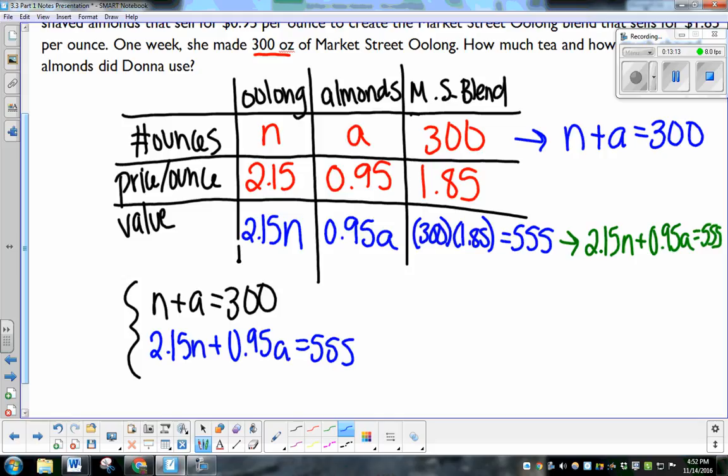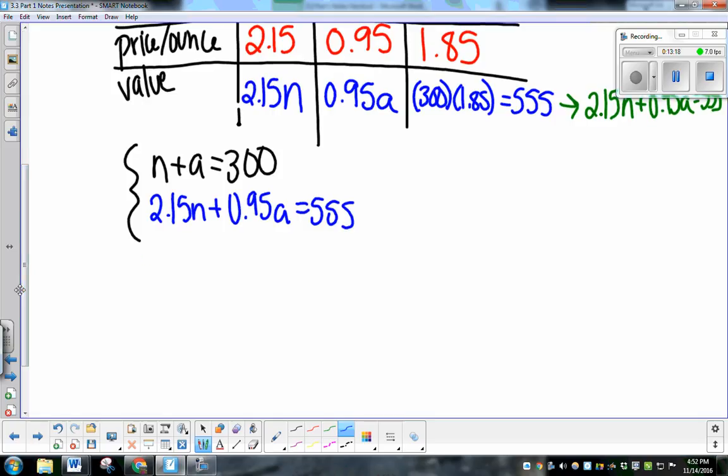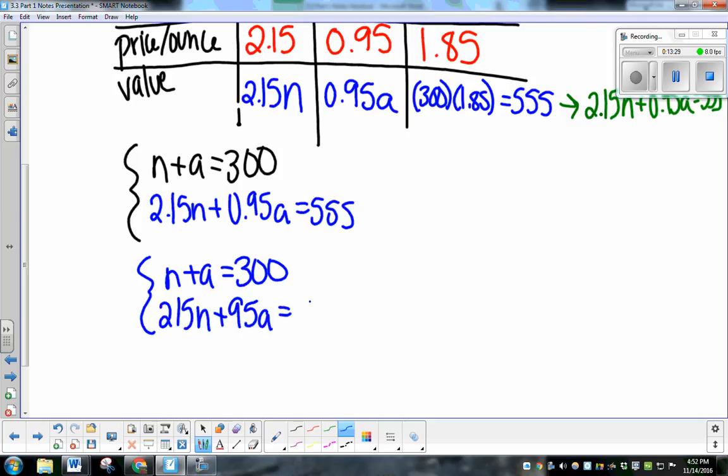So I'm really going to write my system as, let's keep the first one the same, N plus A equals 300. And our second one, let's just make it 215N plus 95A equals 55,500. I just multiplied all the things in this one by 100, so I wouldn't have any more decimals.